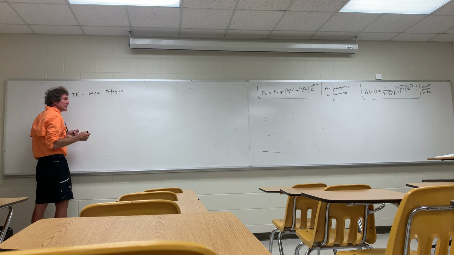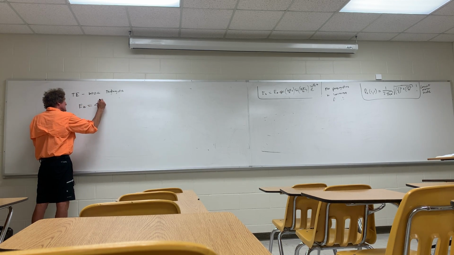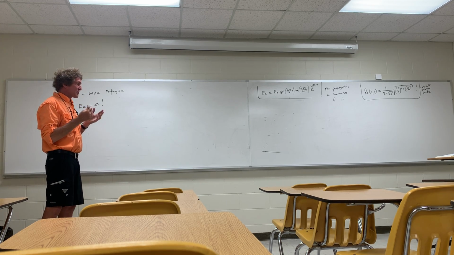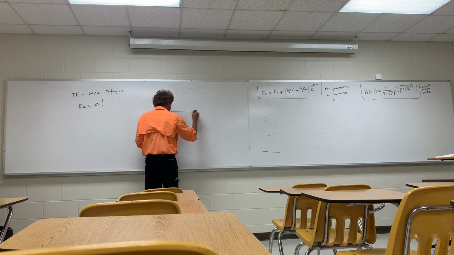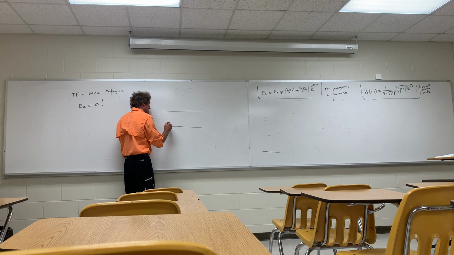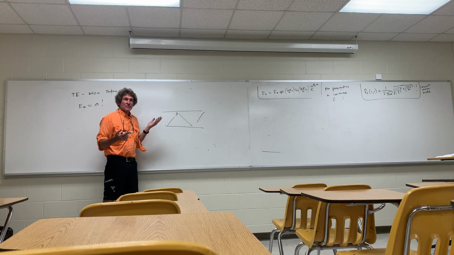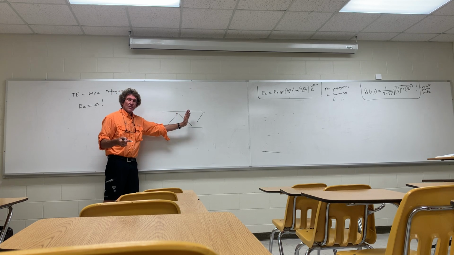Now, when I talk about TE mode, what does it mean? Well, it means that EZ is now 0 in the direction of propagation. And remember when I started talking about this, I said that if you have a waveguide, and we just look at the two plates, you got waves bouncing this way, bounce down, and bounce back. Basically, you have a superposition of two wave fronts inside a waveguide.